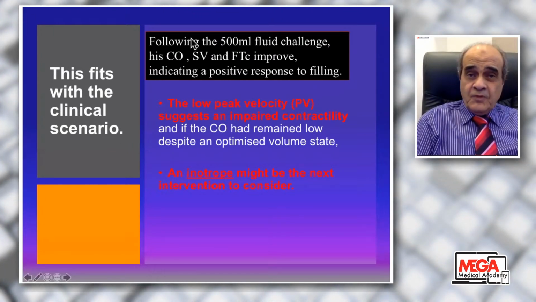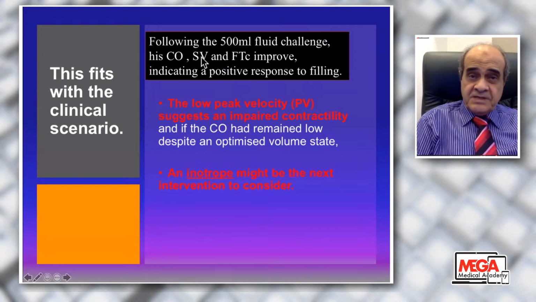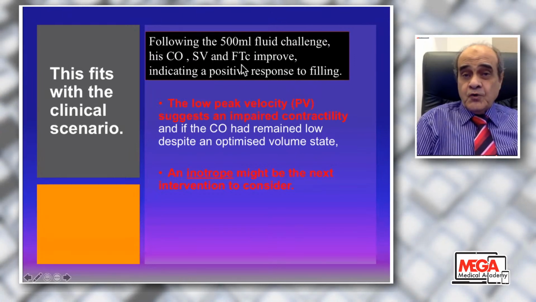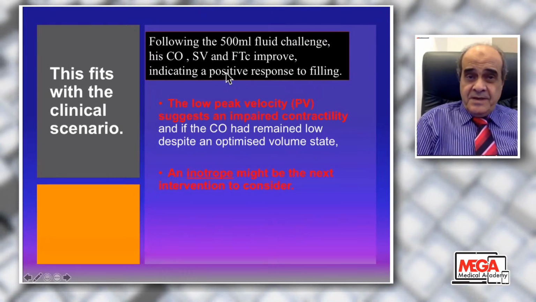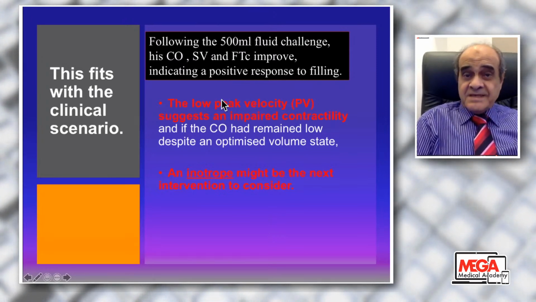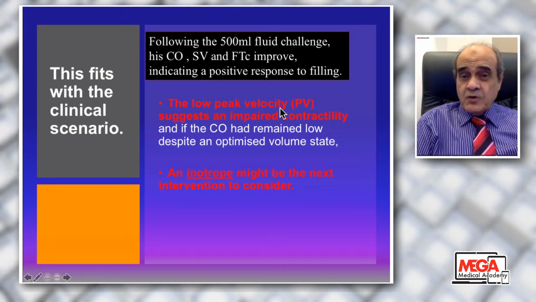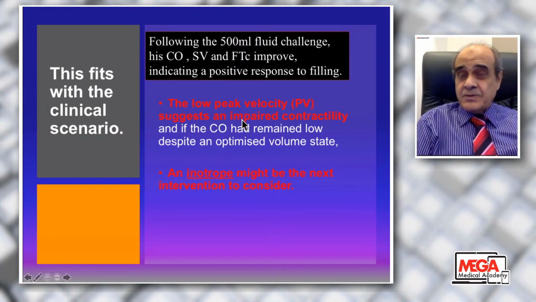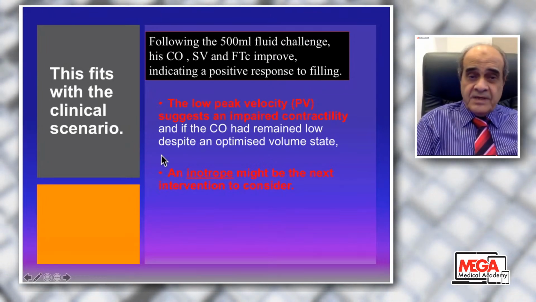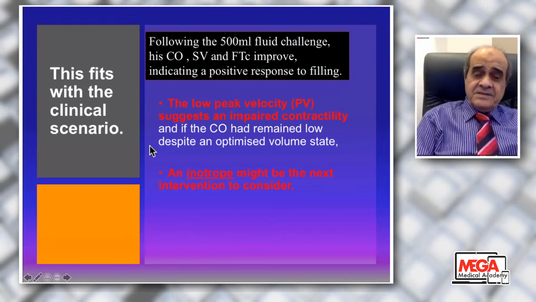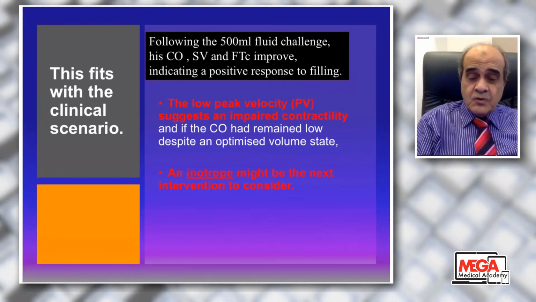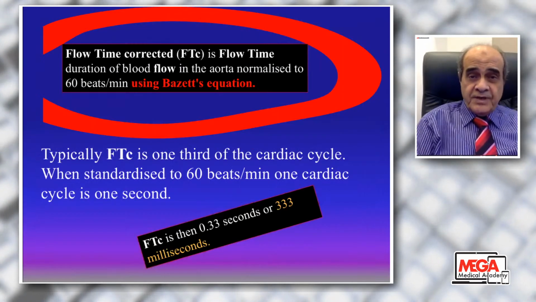Following the 500 cc fluid challenge, his cardiac output, stroke volume, and corrected flow time improved to some extent, indicating a positive response to filling. But there is another point, which is the low peak velocity, which suggests an impaired contractility, and so an inotropic drug is used for improving the cardiac output. And this declares the importance of echo in clarifying the underlying cause of low cardiac output in our cardiac patients.